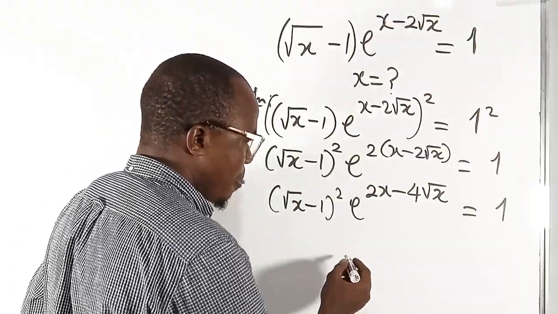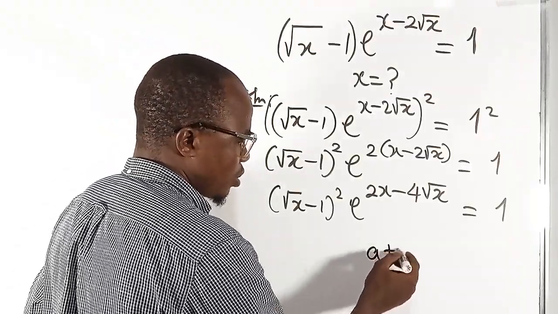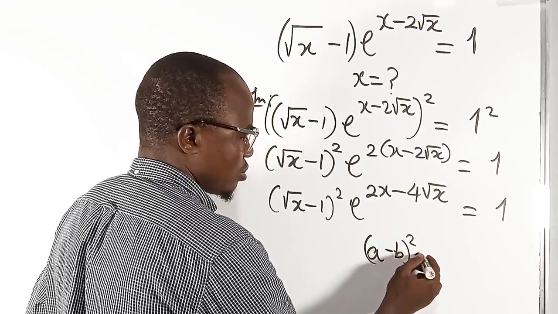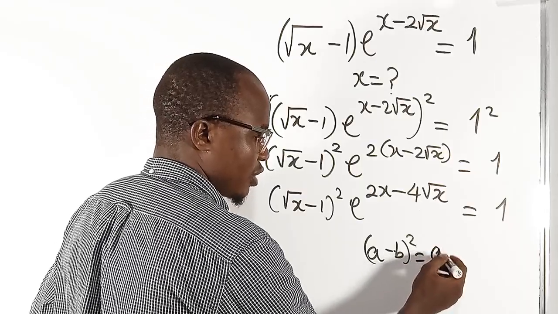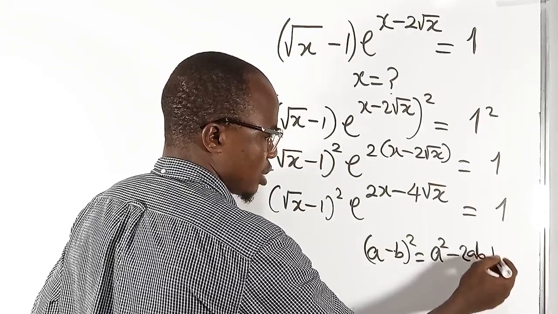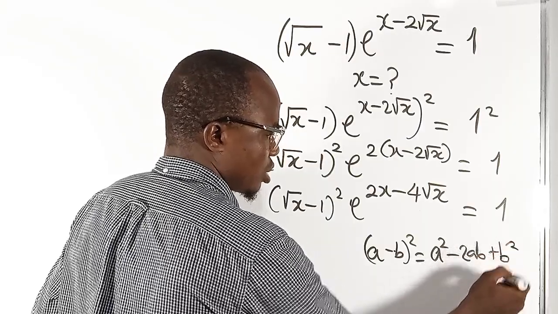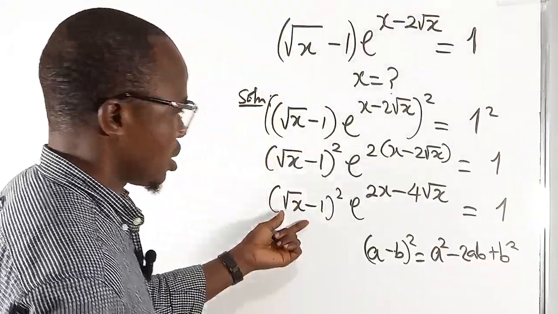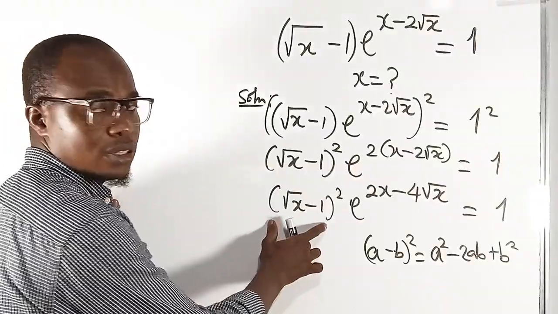If you remember, when you have (a − b) all squared, we are going to have a squared minus 2ab plus b squared. This is what we are going to use here to expand this one.